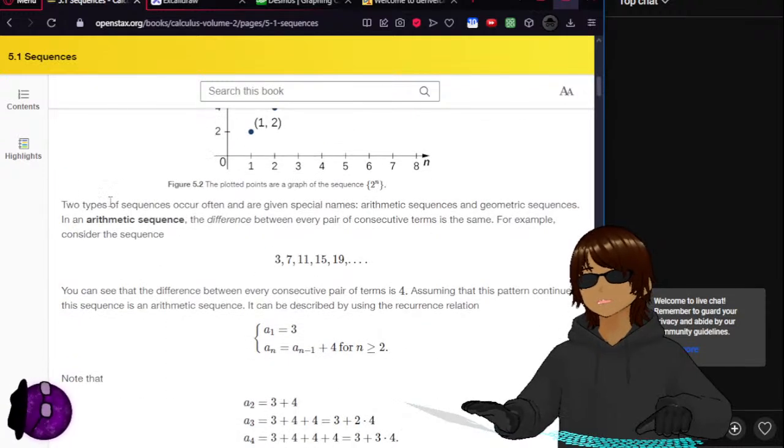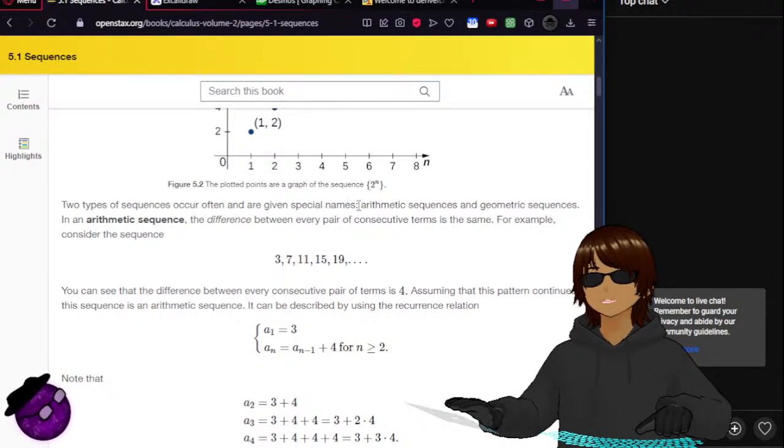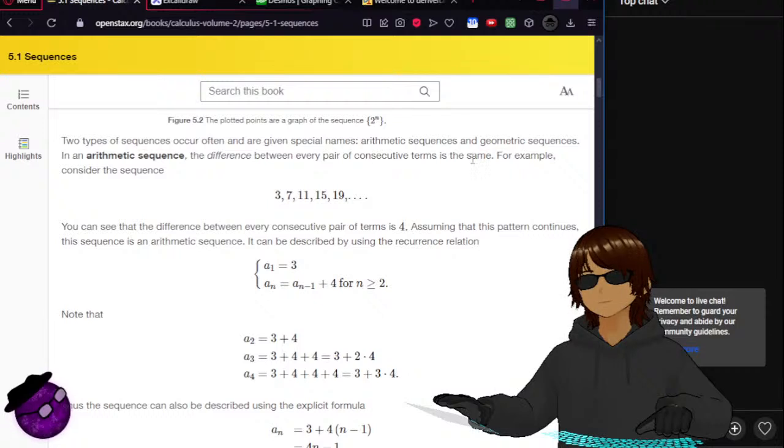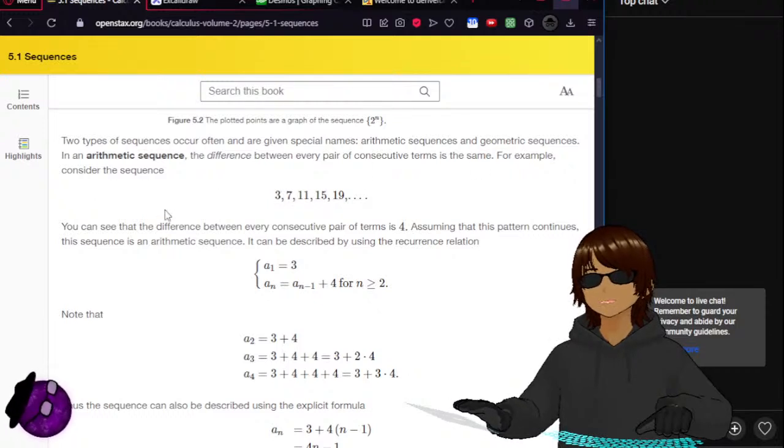Two types of sequences occur often and are given special names: arithmetic sequences and geometric sequences. In an arithmetic sequence, the difference between every pair of consecutive terms is the same. For example, consider the sequence 3, 7, 11, 15, 19. You can see that the difference between every consecutive pair of terms is 4.